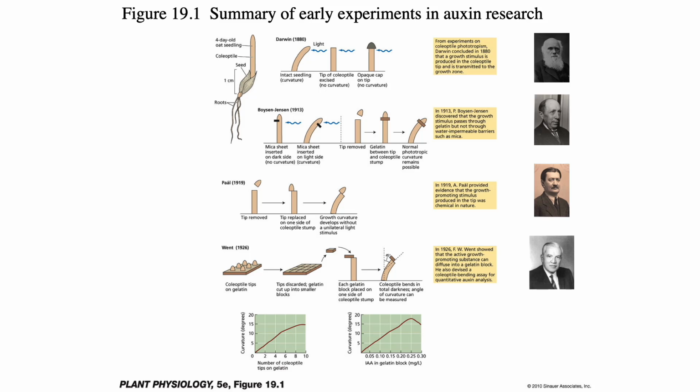He showed that there was increased curvature with increasing number of tips on the gelatin block. Thus, the growth stimulus diffused into the gelatin from the tip and the increased number of tips increased the concentration of the growth stimulus substance, now known as the plant hormone auxin.